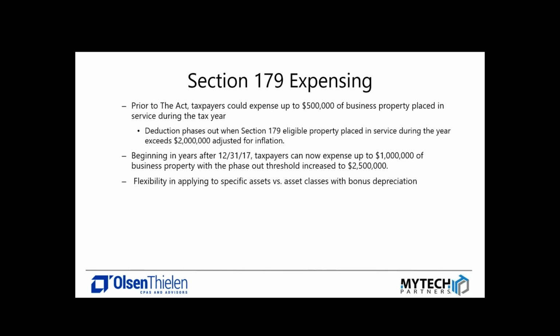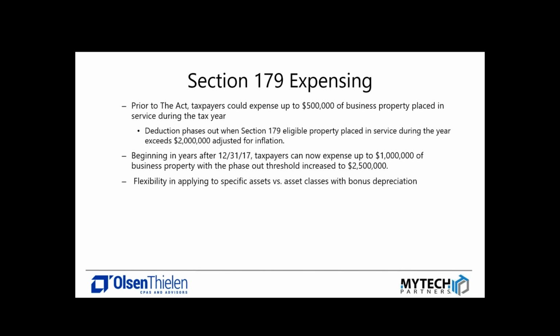So, Section 179 expensing. Previously, taxpayers could expense up to $500,000 of business property placed in service during the year. This was indexed annually for inflation. It also phased out when your total additions exceeded $2 million, so very high ceilings, and there was a lot of room for companies to take advantage of Section 179.